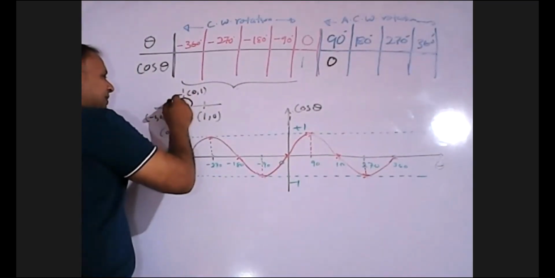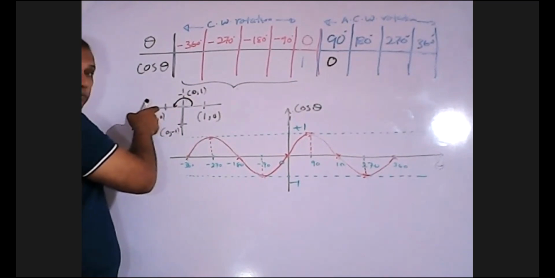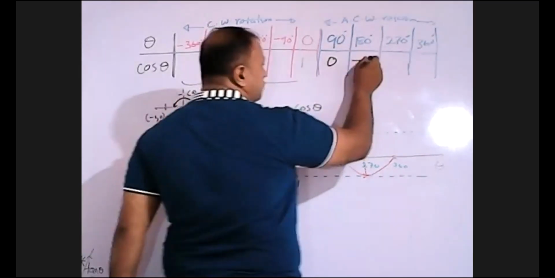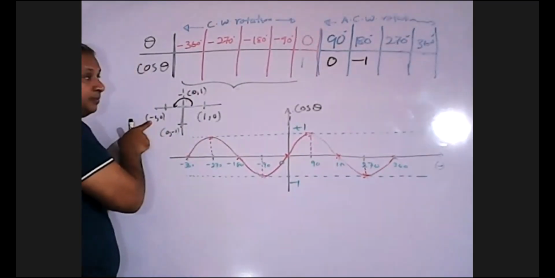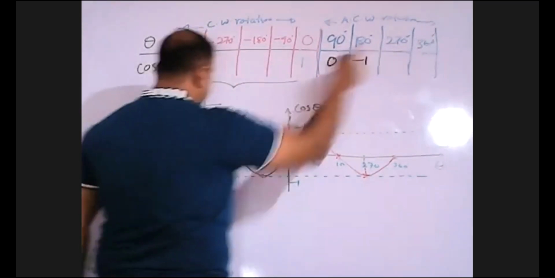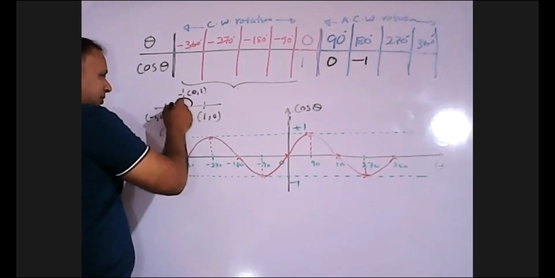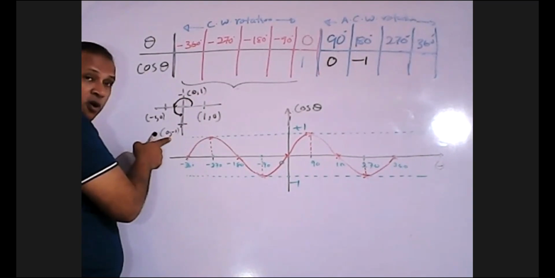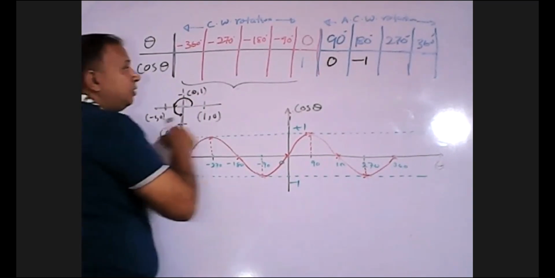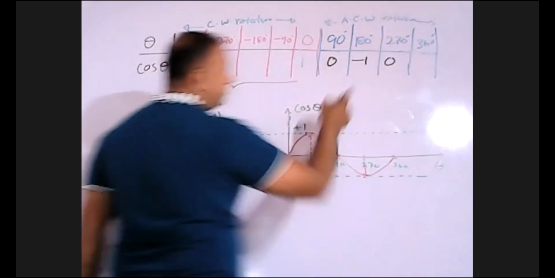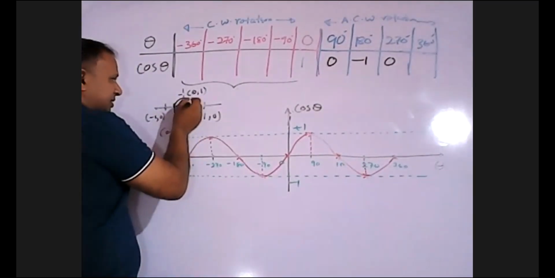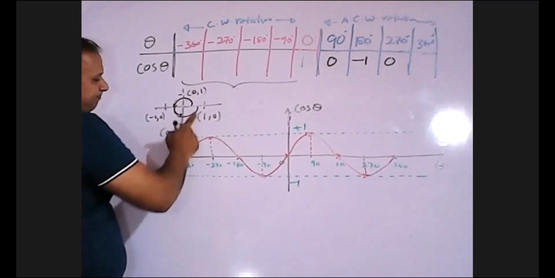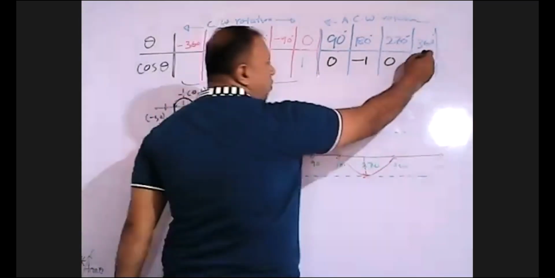The x value corresponding to this point is minus 1. Then plus 270 means this point. Therefore, the x value of this point is 0. Plus 360 means this point. So x value is equal to 1.